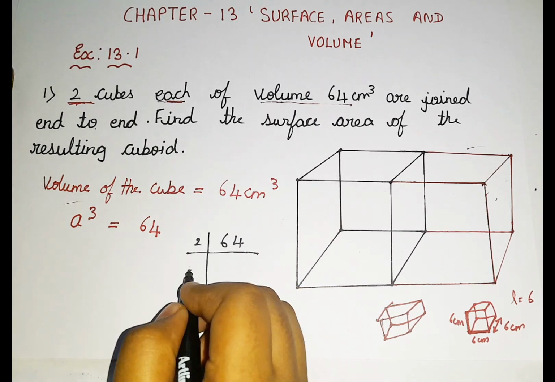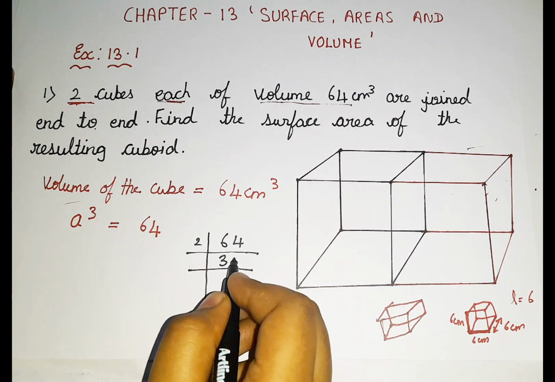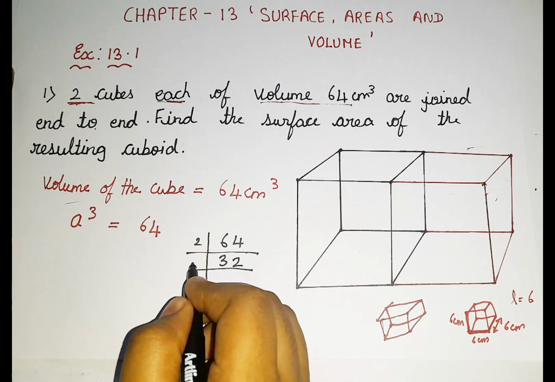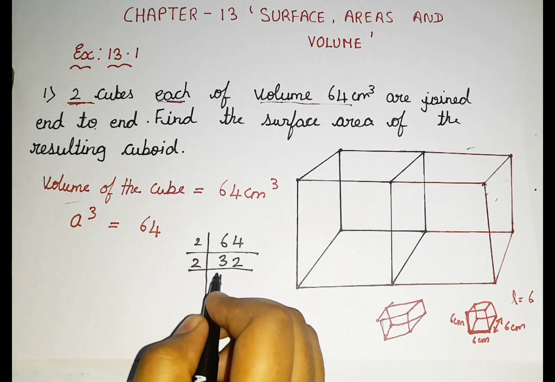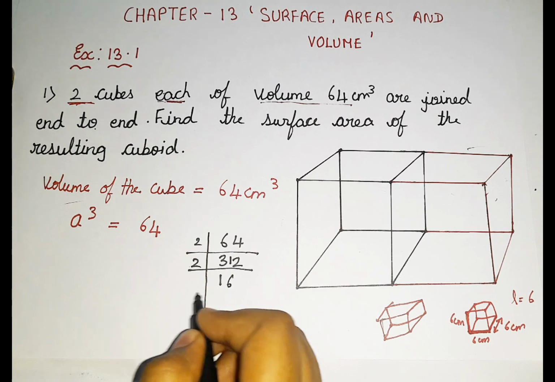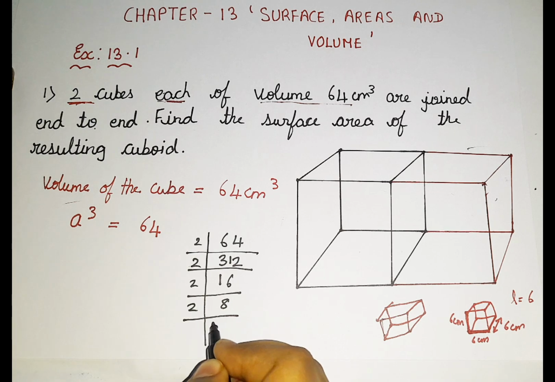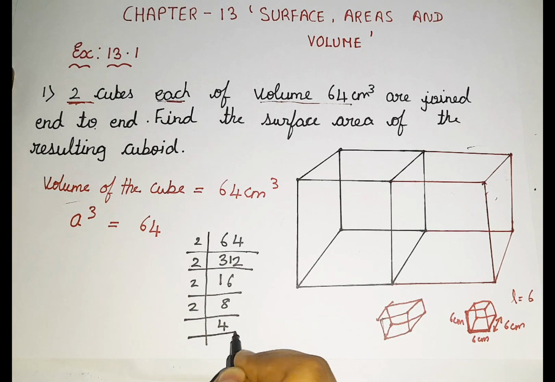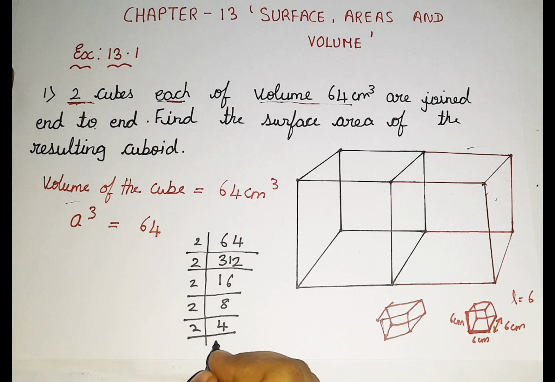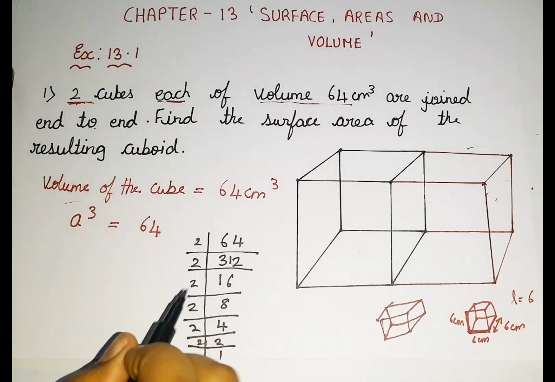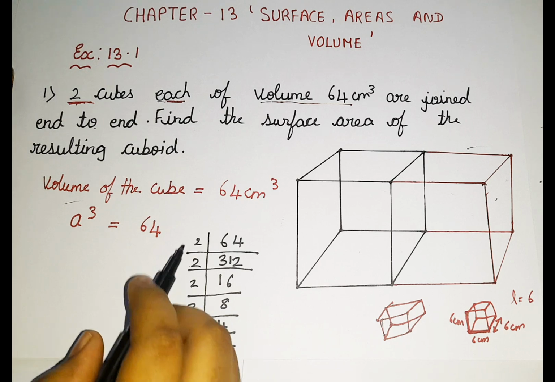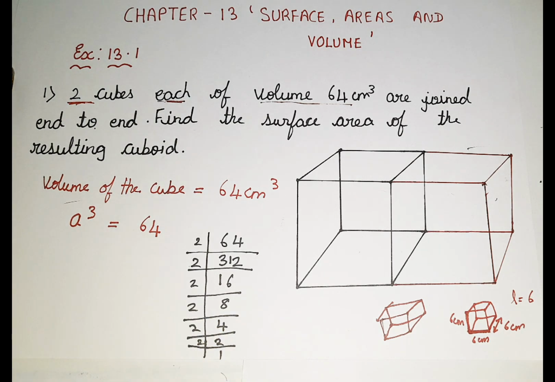You can use the 2 table. 2 2s are 4, 4 2s are 8, 8 2s are 16, and so on, down to 1 2 is 2. This is how we are supposed to find the factors. So how many 2s we got? Totally we got 1 2 3 4 5 6. We got 6 2s.